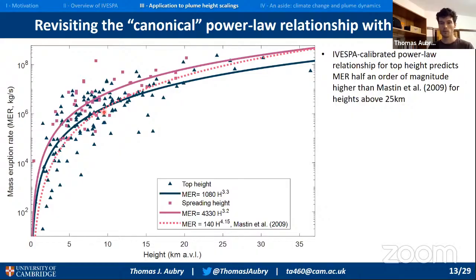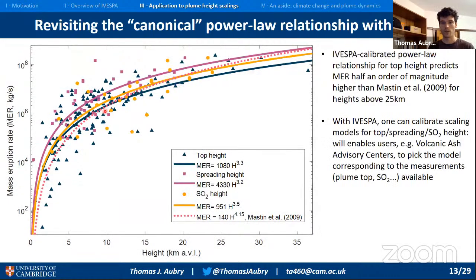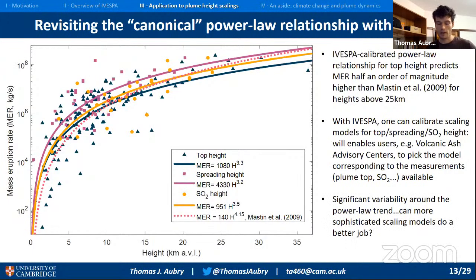But just by constraining that, it means that a Volcanic Ash Advisory Center, for example, can use a model specific to the height they have available. If they have the top height, they can use the blue relationship, and if they have the spreading height, they can use the purple. And last, sorry, I pressed forward a bit too fast.